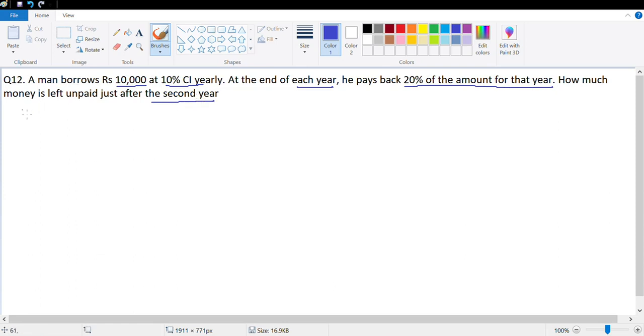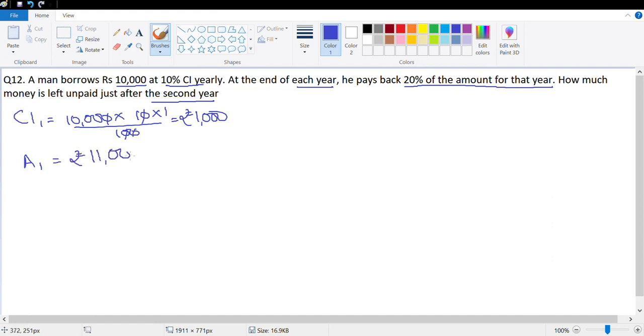So let's calculate compound interest for first year. That will be 10,000 into 10% into 1 year upon 100, and that's equal to rupees 1,000, which means amount at the end of 1 year is equal to rupees 11,000. How much does he repay? Repayment 1, after the end of 1 year, is equal to 20%.